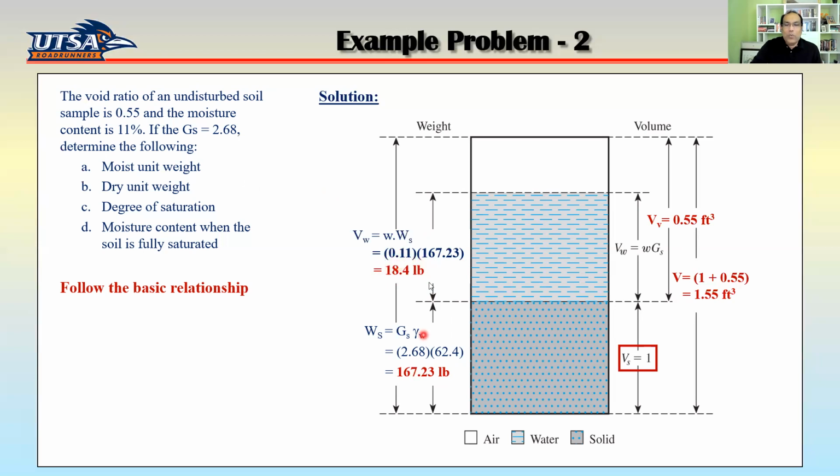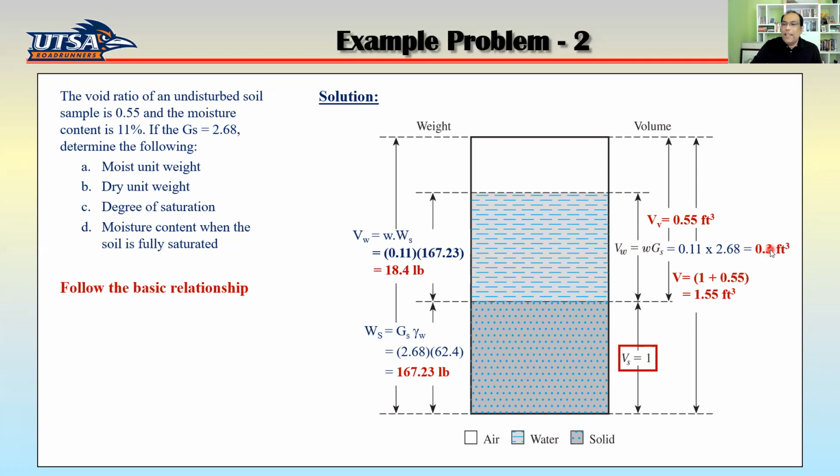Okay, so I know this one, this one, this one, and the only thing I don't know is the volume of water. But I know the weight of water, and I know that each feet cube is 62.4. So if I divide this one by 62.4, then I get the volume of water here.